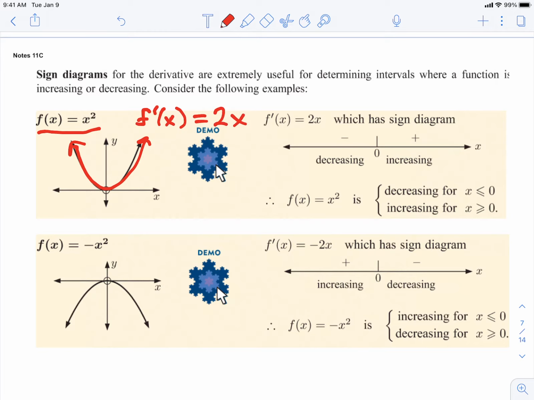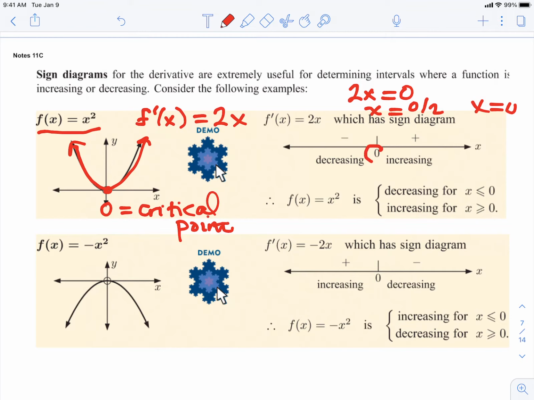Our derivative function is 2x. Now we set the derivative function equal to 0 and solve for x. Well, 0 divided by 2 is 0. So 0 is called our critical point.